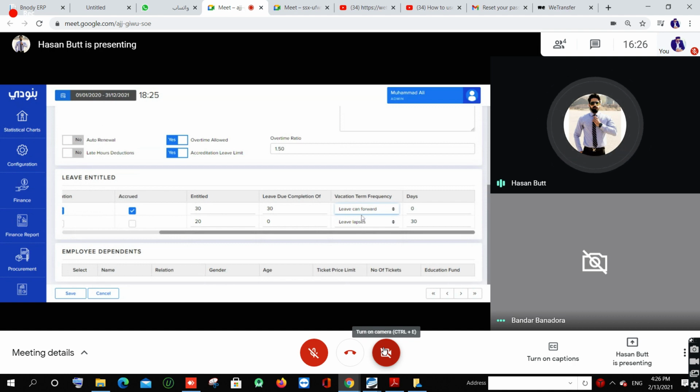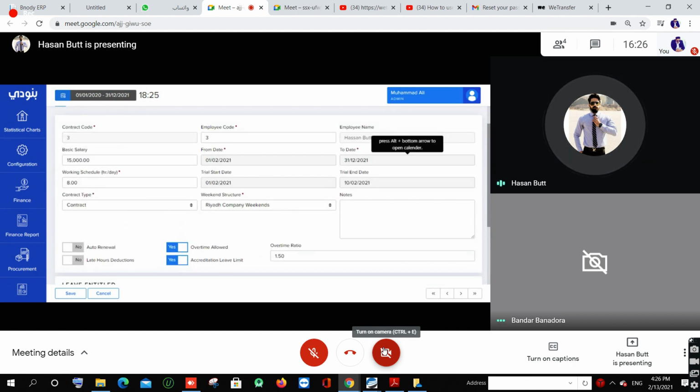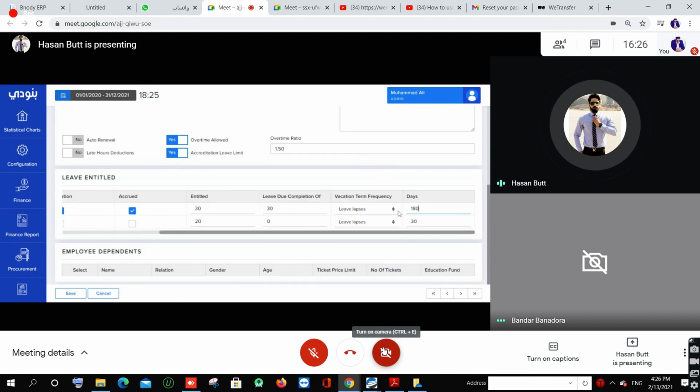And if we make it leave lapses, it means that we have to give the days. It means that we are going to give 180 days, and after the completion of his contract, within the 180 days, he is allowed to take these 30 leaves.